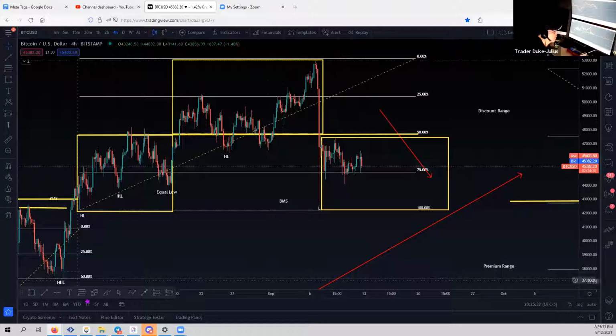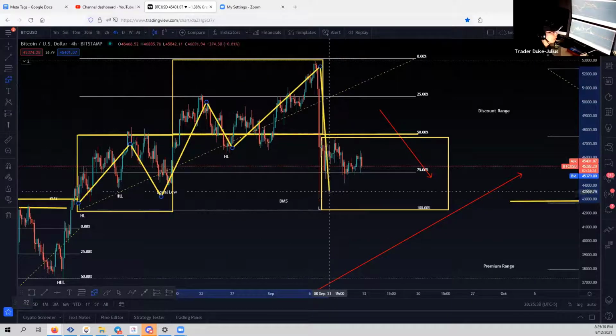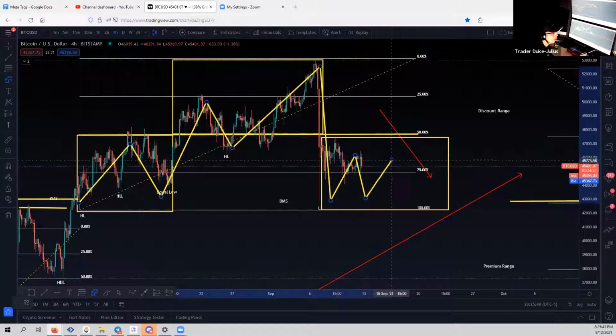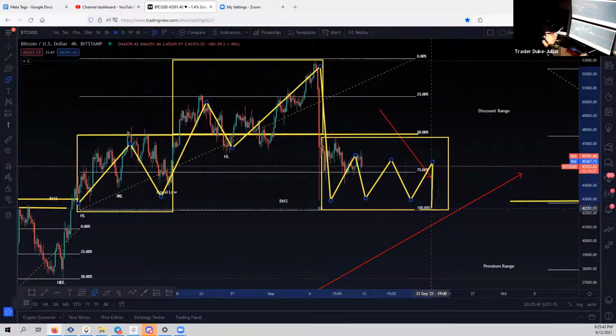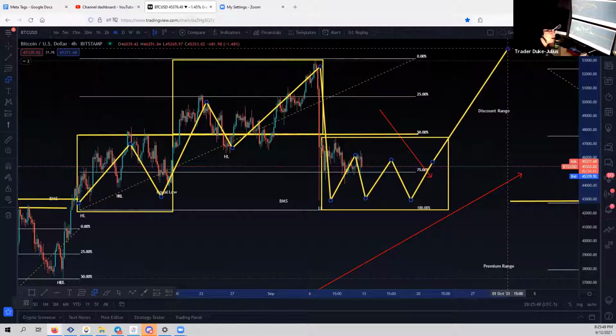We're expecting price to BMS from here. The fact that it's floating in this lower level is very good for a thesis for a strong buy or impulse to the upside. Okay.